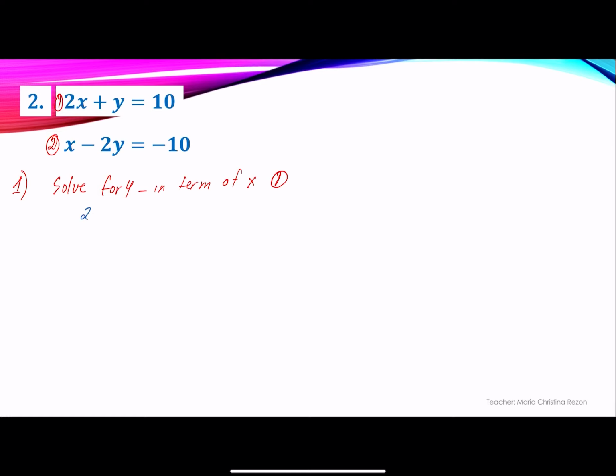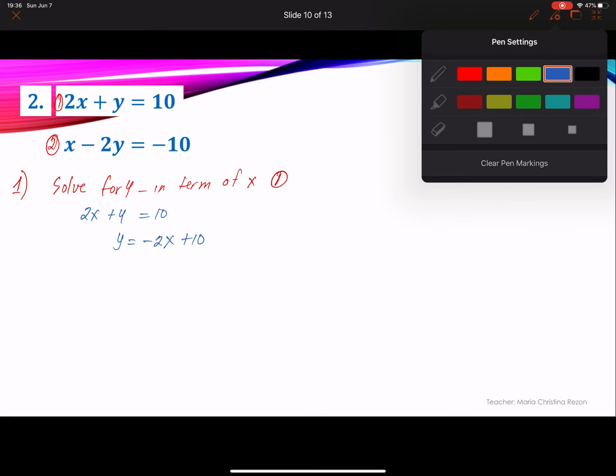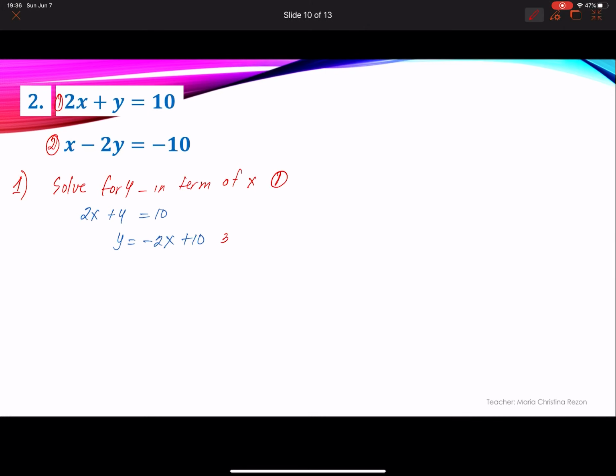So you have 2x plus y is equal to 10, so that y is equal to negative 2x plus 10. And then you call this equation 3.